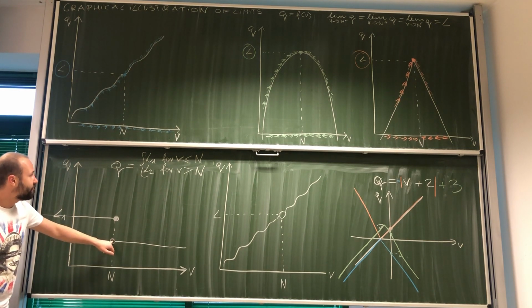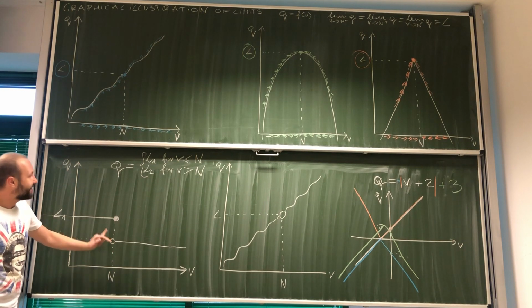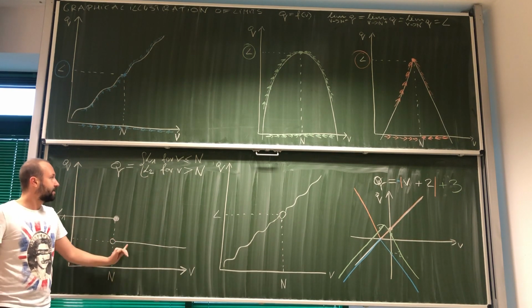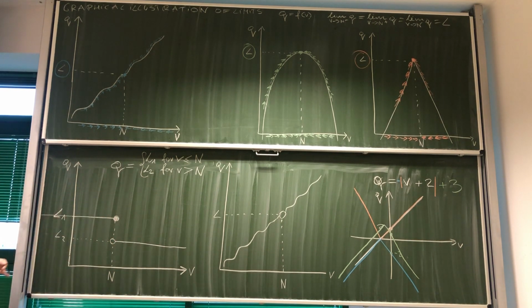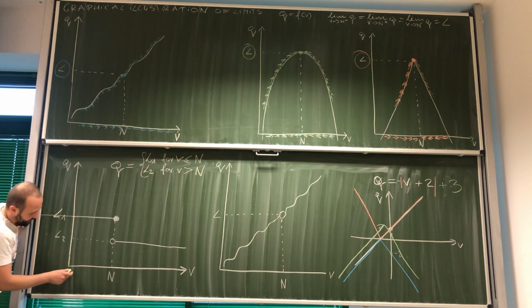And over here, only after this point, the value of this function, so q, turns into L2. Okay, so knowing this, let's just see how our evaluation of the limit is going to work here.